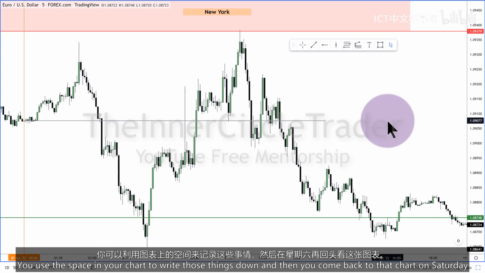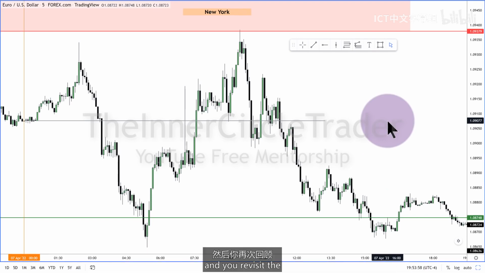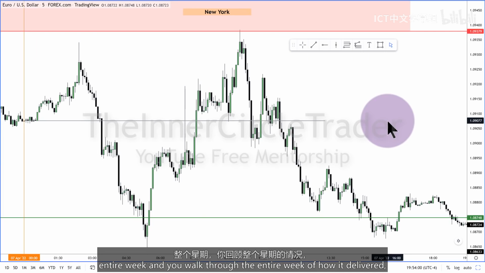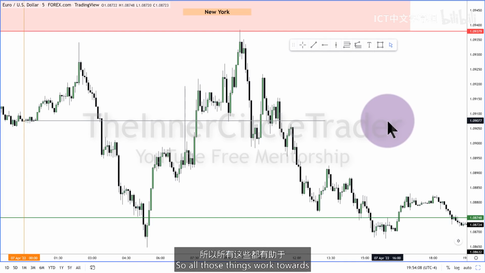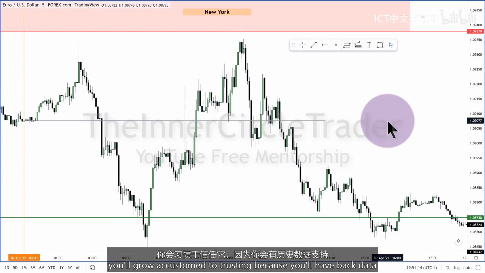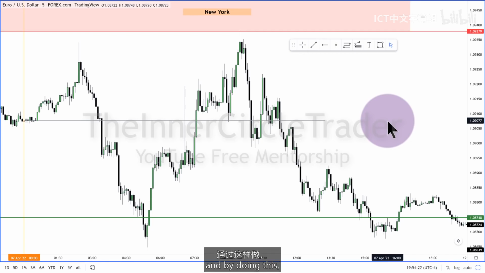And then you come back to that chart on Saturday at the end of the week, or Sunday if that's the day you're going to do it. And you revisit the entire week and you walk through the entire week of how it delivered. How many pips did it move, and how much risk would have been incurred in the trade. So all those things work towards a model that you'll grow accustomed to trusting, because you'll have back data and you'll have examples that you've trained yourself to see over time.